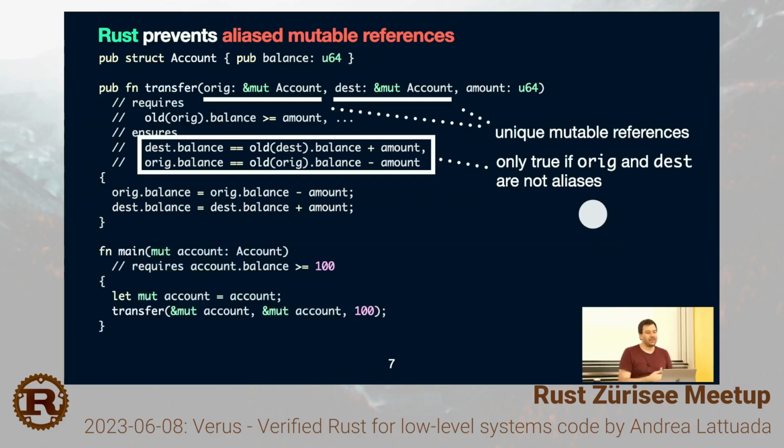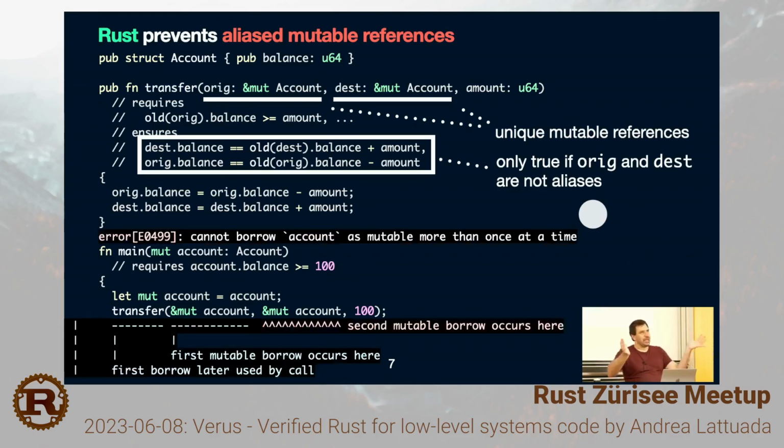So just to clarify, if we tried to call this function like this, which would be legal in a language like Java, for example, then the result would not be accounts that satisfy that property, because we are taking away and putting back money into the same account, but not in the right way to end up with the same result. And the problem here is that those two mutable references are aliased.